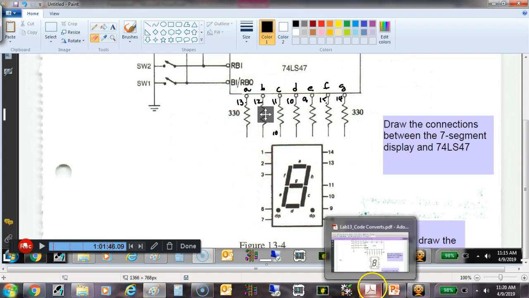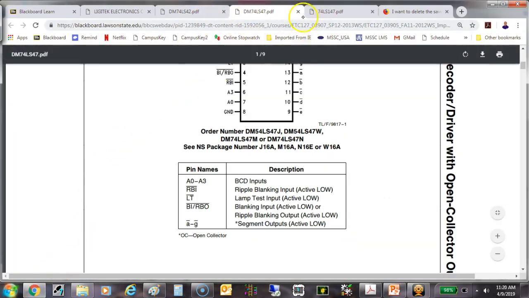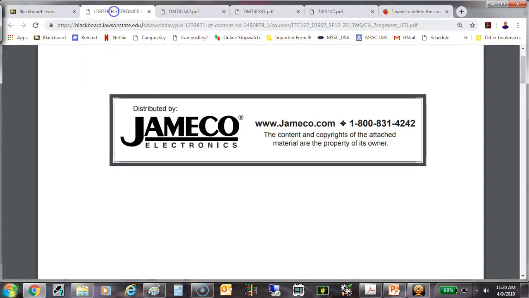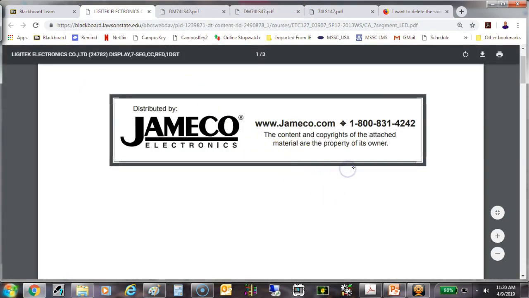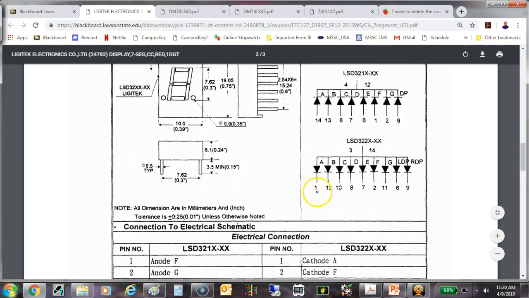So real quick, if I go back and look at the display, which is this guy right here, then the A segment is pin 1.